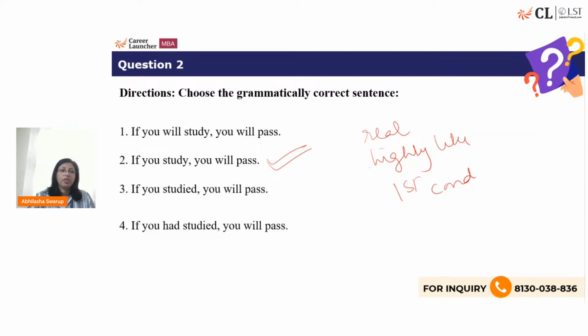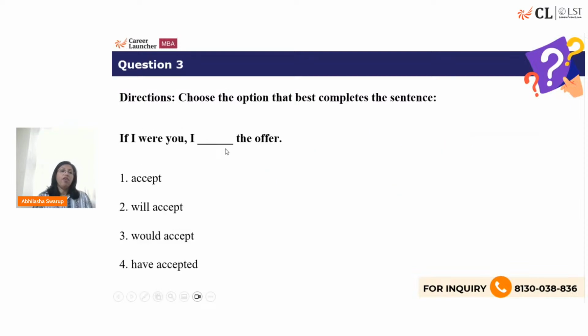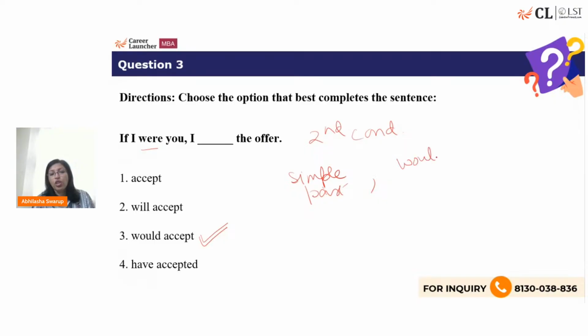Okay. The next one. If I were you, I would accept the offer. Remember, this is the second conditional. In the second conditional, you use the simple past, and in the then clause, you use would or could with the base verb.